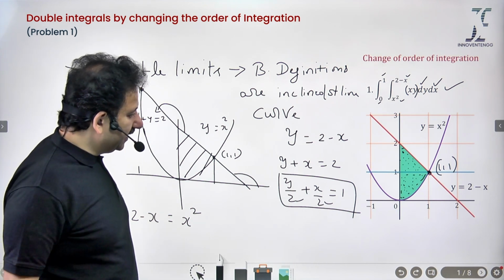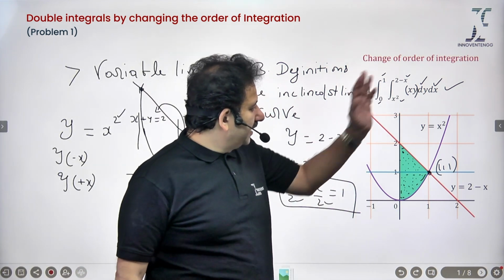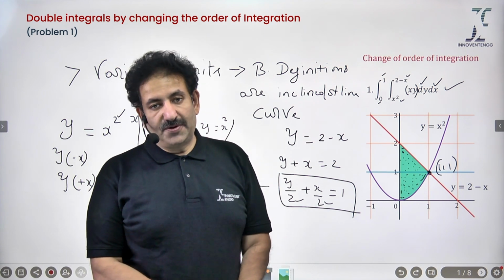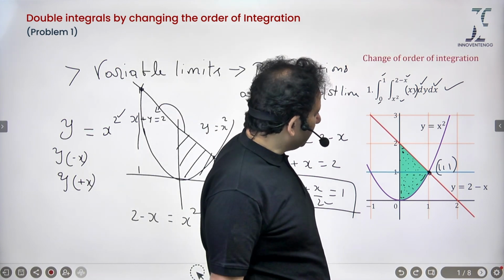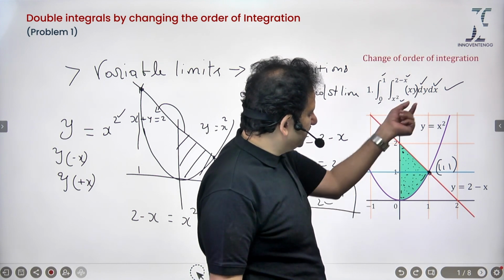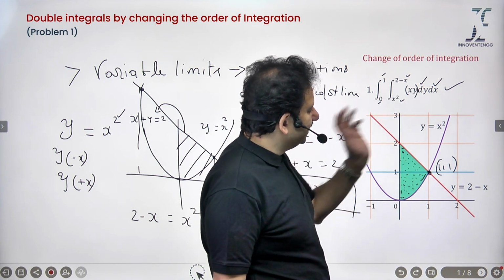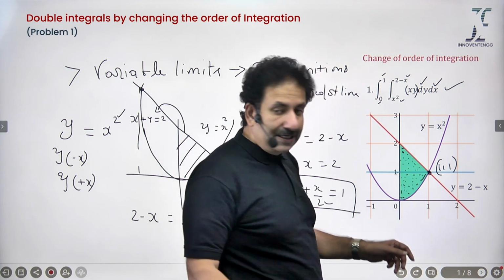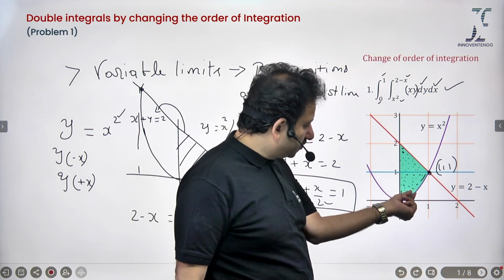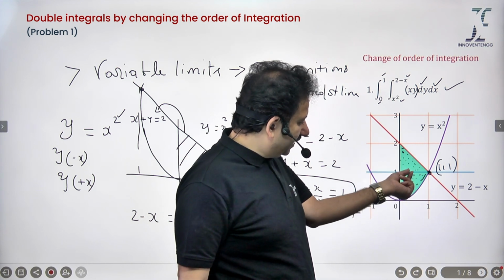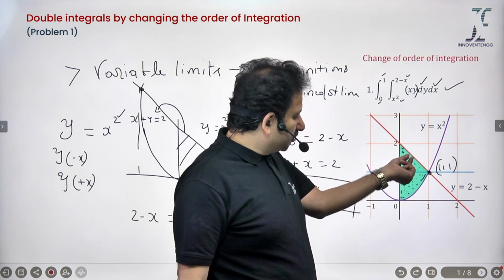Now, having done this, how do you actually write these limits? That's very, very important and interesting. I'll tell you a very simple technique. Look at what the first order of integration is. It is with respect to y. Then observe me carefully. I start from the lowermost boundary and travel vertically all the way to the uppermost boundary.